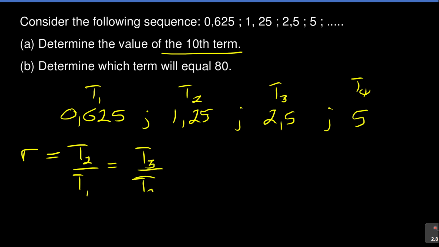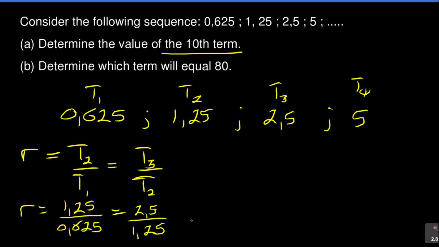Still good just to have those two types there. What is that? It's 1,25 over 0,625, which will be equal to 2,5 over 1,25. You can just test that to see whether you're getting the same answer.